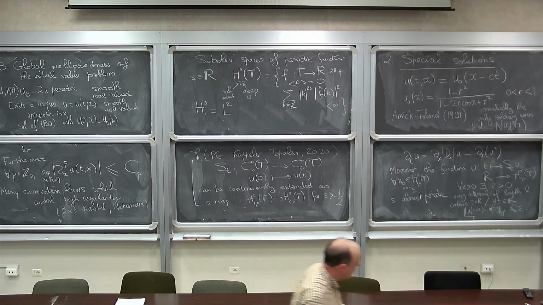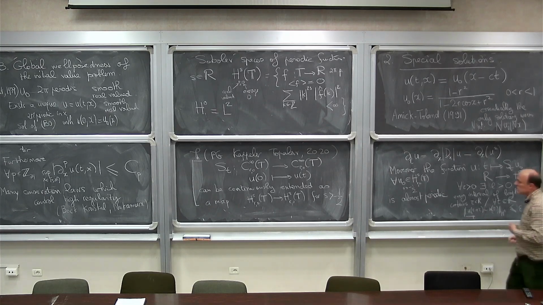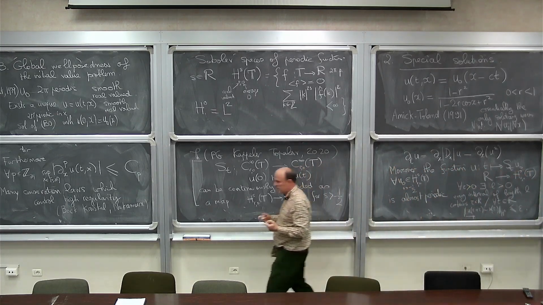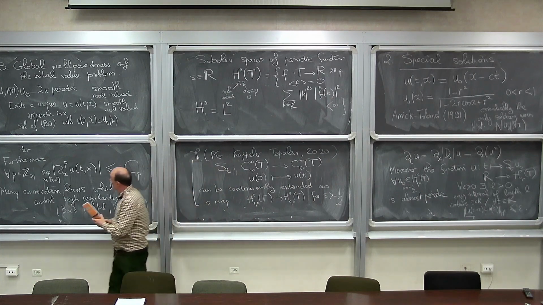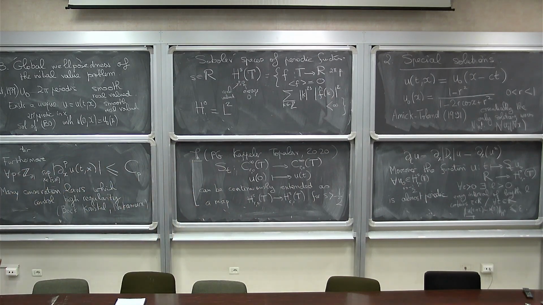So, yes, what is there behind that? What is there is what I will call a nonlinear Fourier transform. When you are given a PDE with constant coefficients, we know that we can apply the Fourier transform and transform this equation into something much easier.